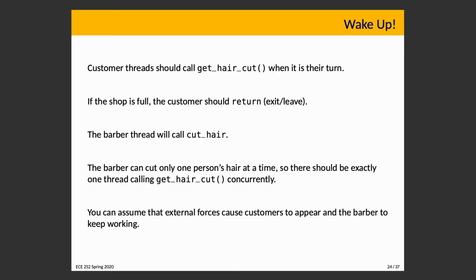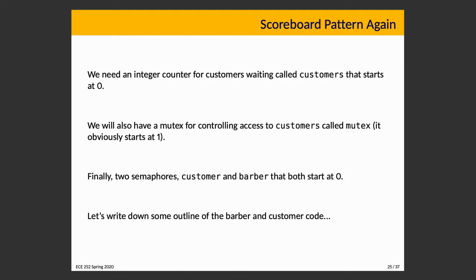So okay, let's take a look at our plan. We're going to need to keep track of the number of people who are in the waiting area somehow. So we'll have an integer counter for customers, which is called customers, unsurprisingly, and it should start at 0. We will obviously need a mutex for this called mutex, and it equally obviously starts as 1.